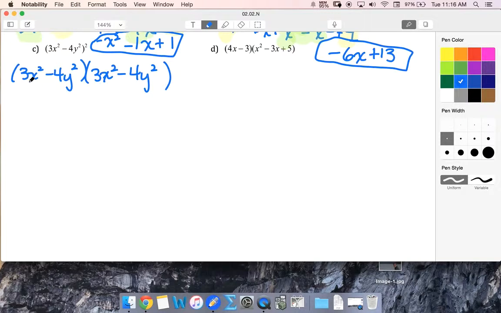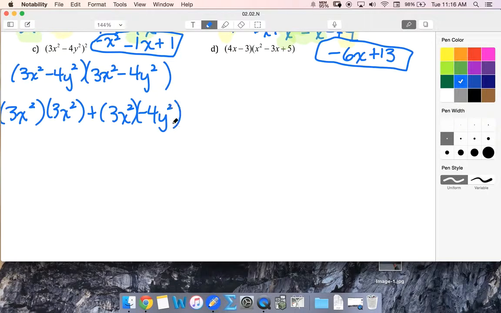So 3x squared times 3x squared. So I'm going to write out my whole FOIL here. And then I'm going to do 3x squared and the minus 4y squared, so I could say plus 3x squared times negative 4y squared.